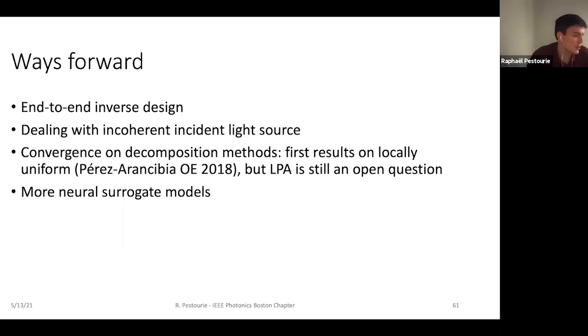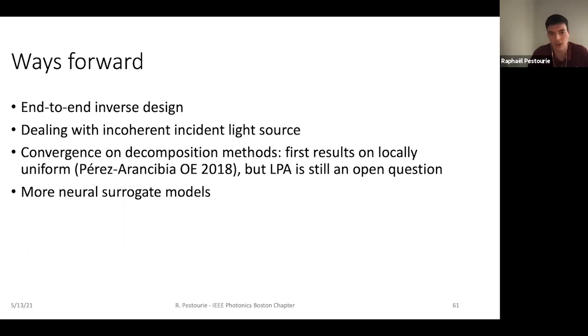Another thing is I'm interested in proving that what people have been using for 10 years is actually relevant. But more seriously, I'm trying to find corrections to the local periodic approximation, and this correction would be useful to tell you that maybe for this application you should not be using the local periodic approximation.